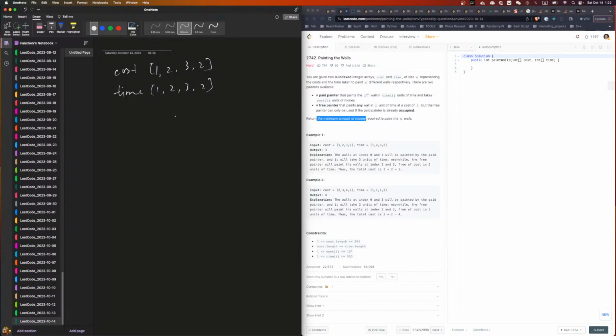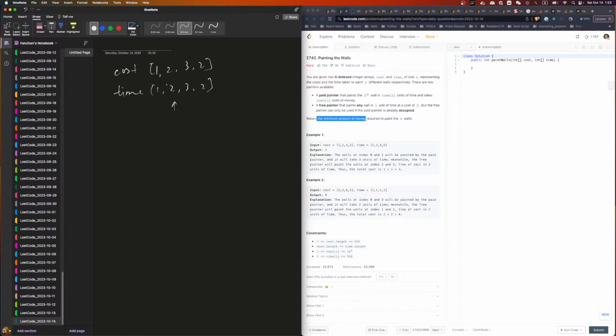Let's say if I have only one, then we have to use whatever the cost is. When we have two, right? When we have two, we can say, I know the minimum of previous.